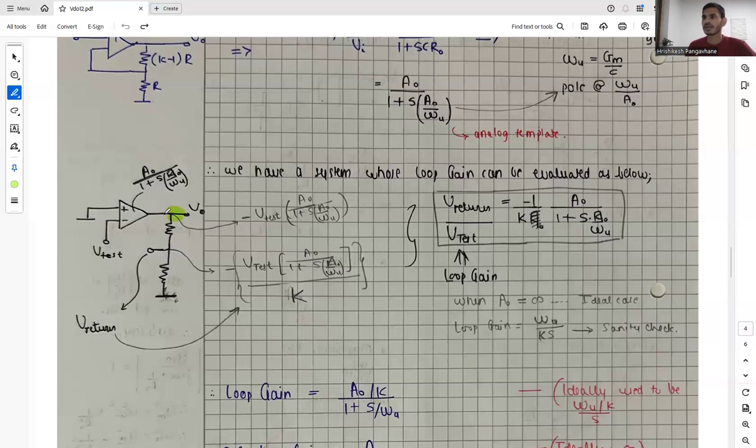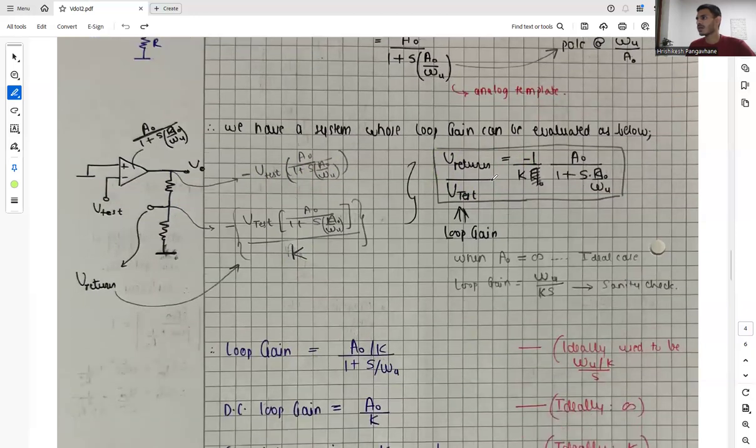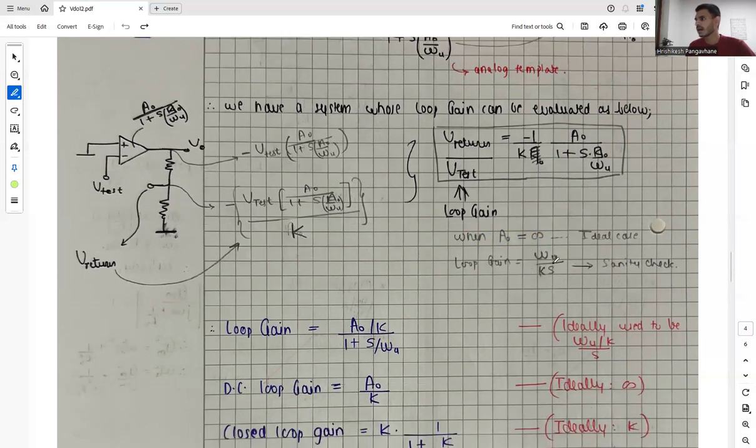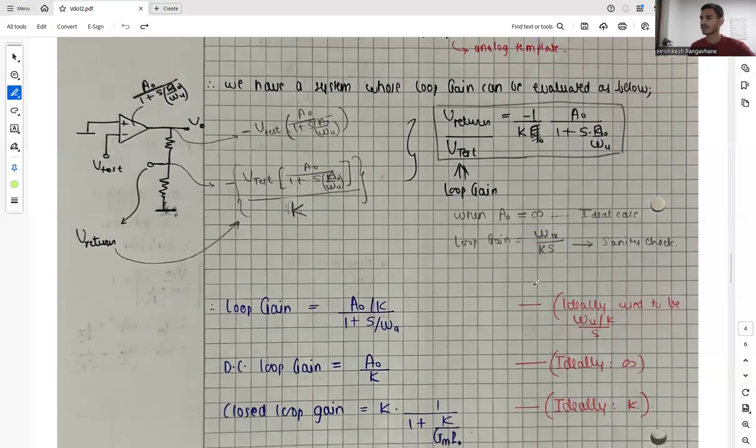If we apply V test at this point, we get V test times the transfer function, and due to the resistive network, V return will be this value divided by K. So by removing the minus sign, our loop gain is 1 by K times the transfer function. And when we put A naught as infinity, which is our ideal case, our loop gain becomes omega u by Ks. So again, the sanity check is right, and we are on the right path.